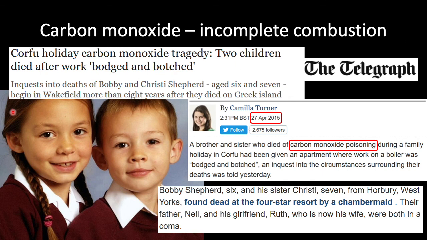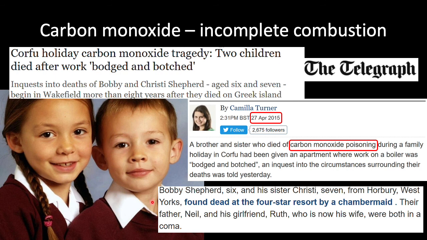You may have heard in the news, and this case was only resolved recently, that I think it was back in 2007, there was a family that went on holiday to Corfu. And very, very sadly, Bobby and Christy Shepherd, who at the time were aged 6 and 7, they're from Wakefield in Yorkshire, died when they were on a holiday on a Greek island, Corfu.